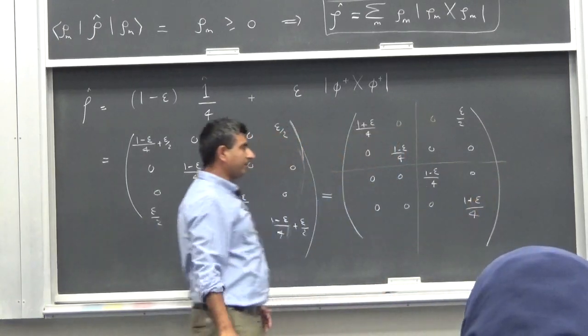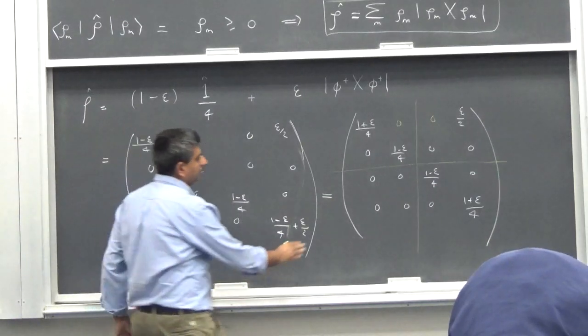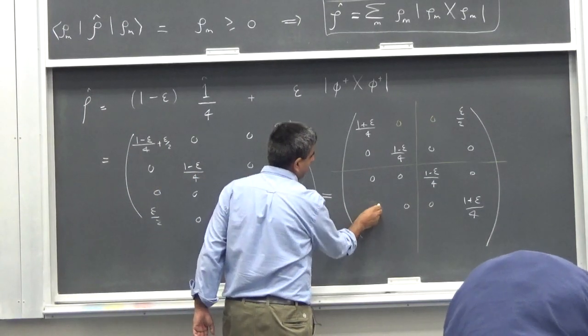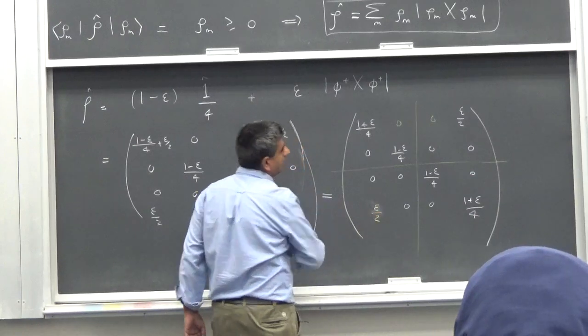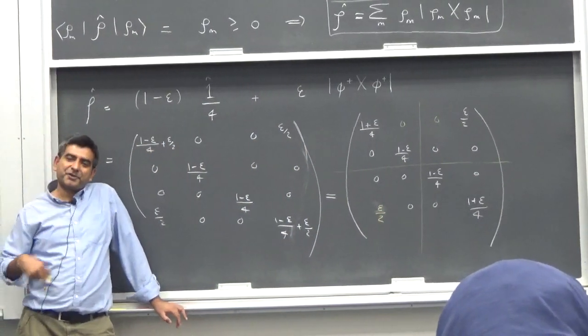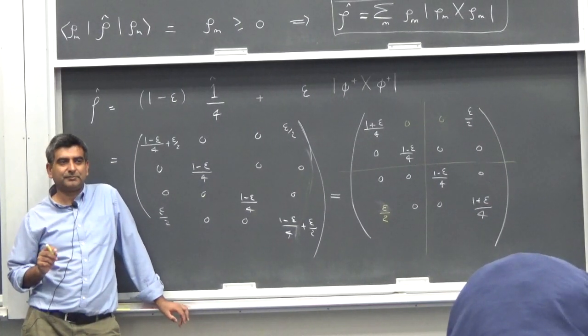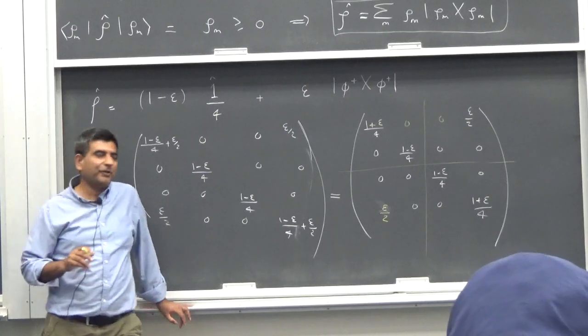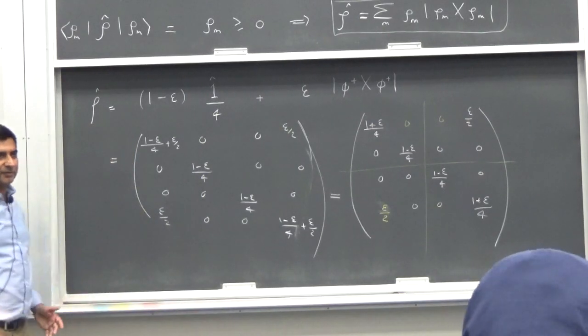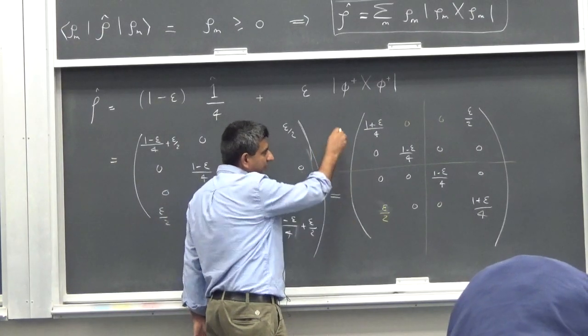So this is my 4 by 4 matrix. Now I would like to take the partial transpose of this. How do I take the partial transpose? Let me label how I ordered the rows and columns.